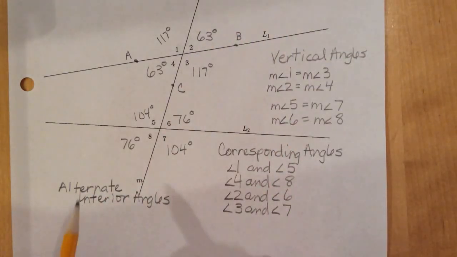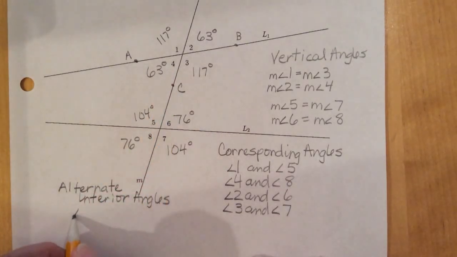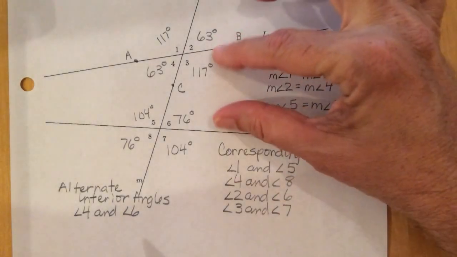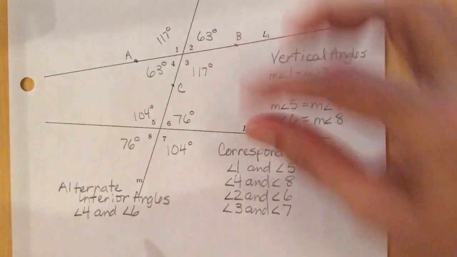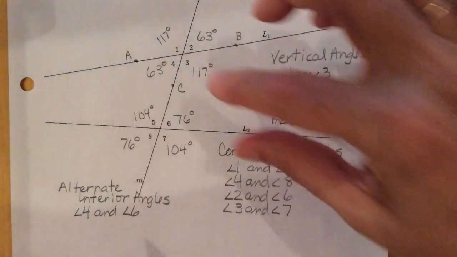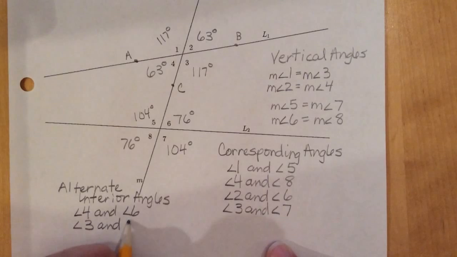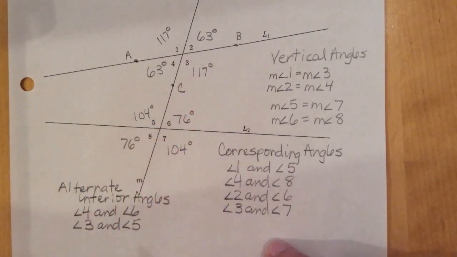So an alternate interior angle would be angle 4 and angle 6. Again, they're interior because they're inside the two lines that we're talking about, and they're alternate because they're on alternate sides of the transversal. So our other pair of alternate interior angles would be 3 and 5 because they're on opposite sides of the transversal.